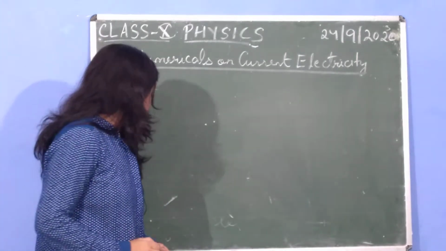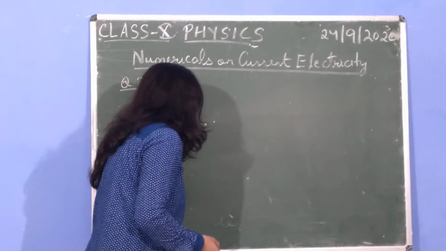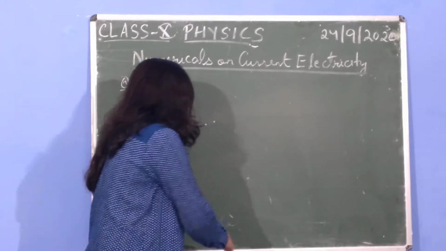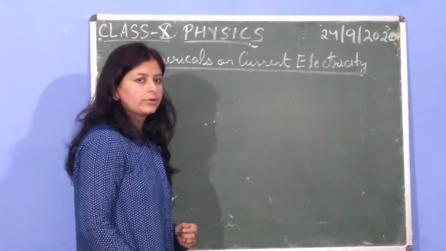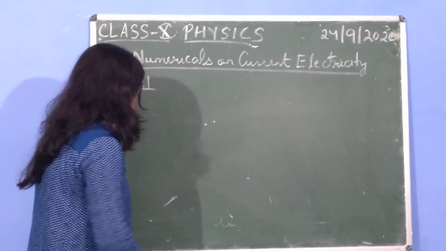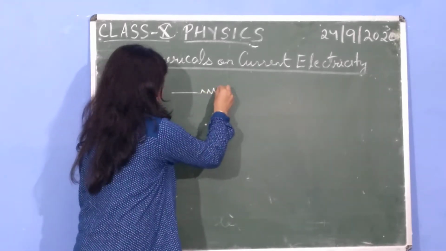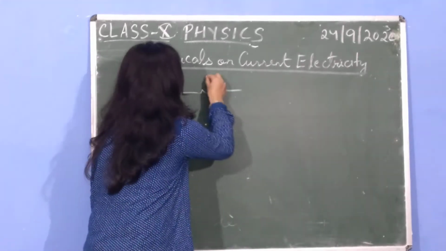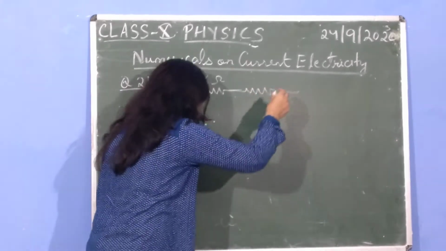For question number 21, the question reads, a resistor of 6 ohm is connected in series with another resistance of 4 ohm. Since the diagram is not given to you, you need to draw the diagram.